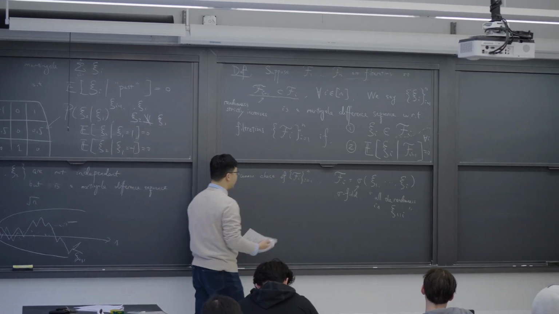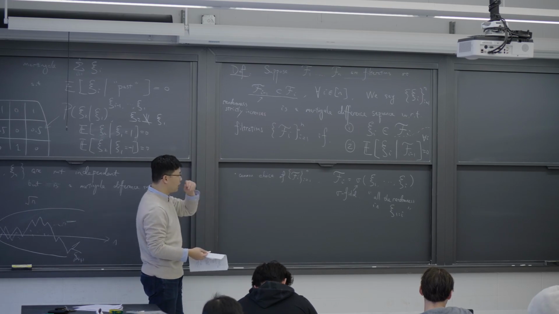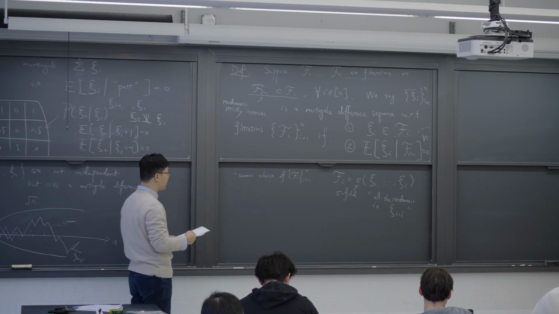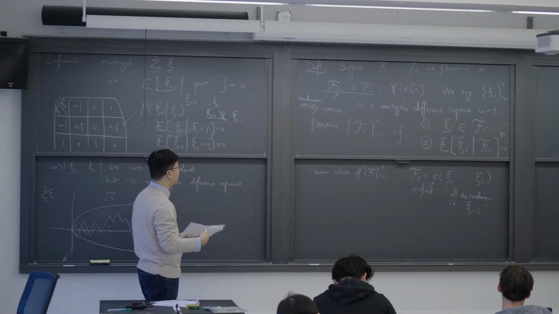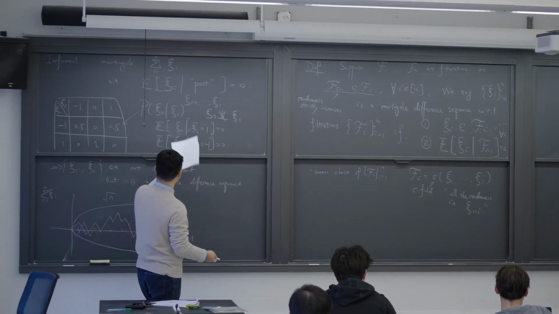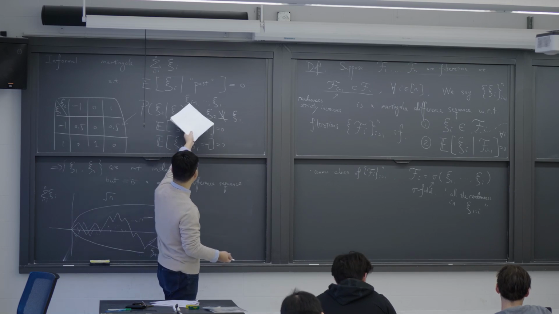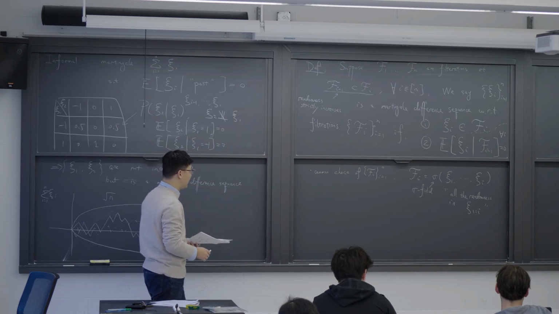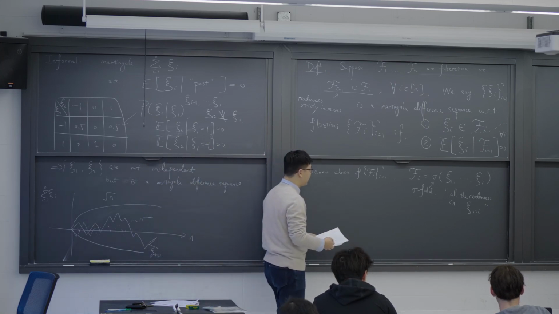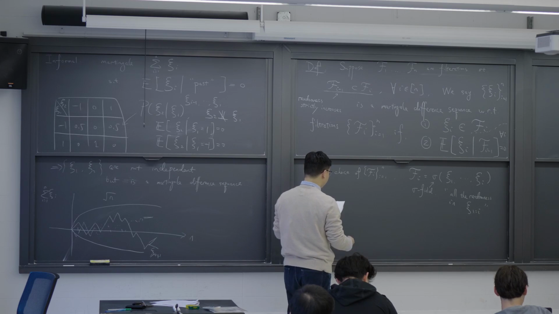But I also want to comment that if you only choose this filtration to be the sigma field of C1 to Ci, then there's really no need to write this filtration notation, and you can just say I condition on all the paths. Sometimes in later lectures we might need to use a slightly different filtration.